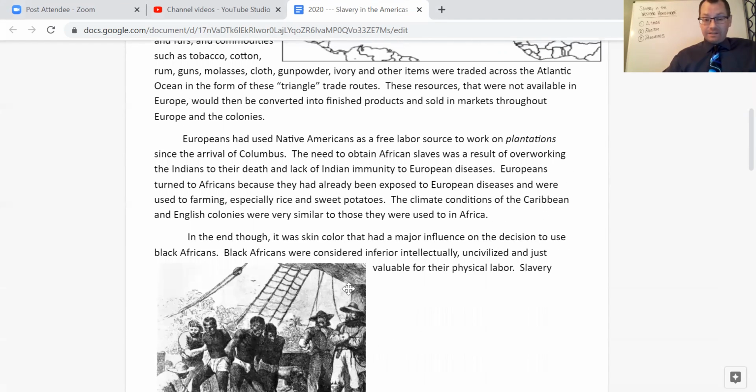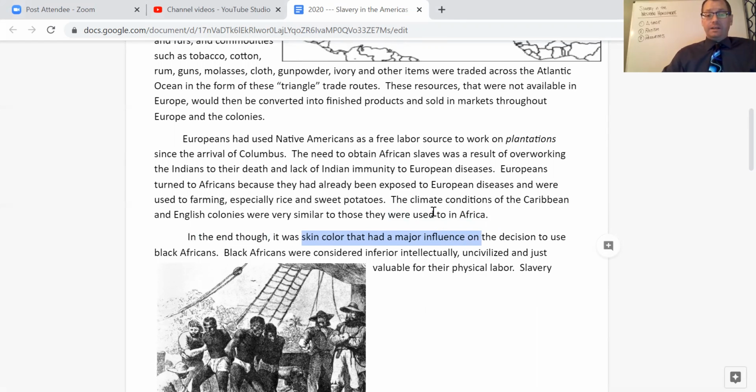But skin color made a huge difference. This is the advent of racism in the New World, in the West. And this became a mentality throughout many of the regions, especially the English colonies, that Africans were designed weaker, that this was their true job, and that whites were supposed to take care of them.